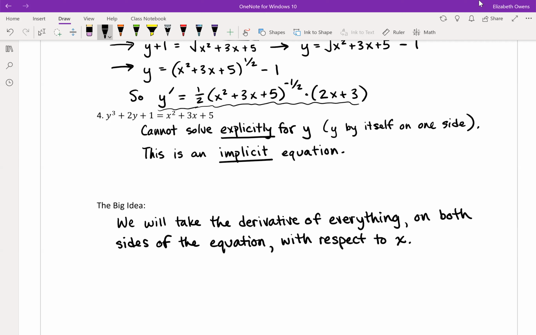Okay, or whatever variable you're trying to do things with respect to. It is x in this case. So yeah, this is the new idea there, the derivative of absolutely everything.